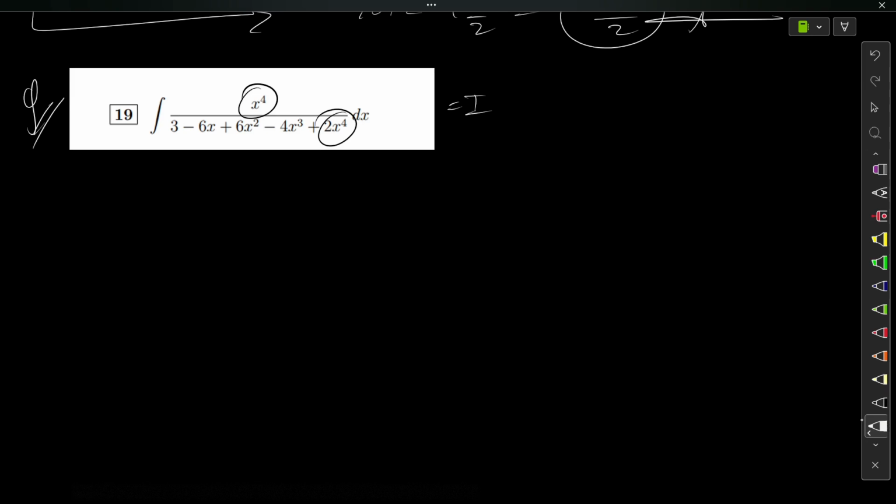The first thing that strikes the mind is to factorize it, but it's not even getting factorized. If I write this 4x cubed in the form of 3 and 2, not possible. 6 or 2, not possible.